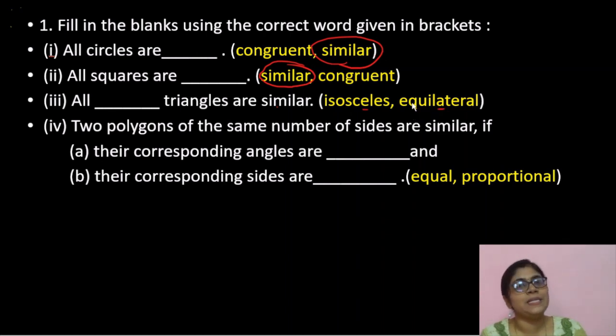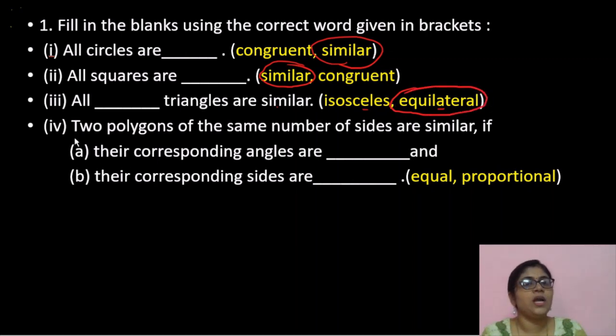To be similar, the shape of the figure should always be the same. But in the case of isosceles triangles, we cannot say the shapes are always the same because the equal angles may vary. But in an equilateral triangle, all angles are the same. So for every equilateral triangle, the shape is always the same. So we can say equilateral triangles are always similar.